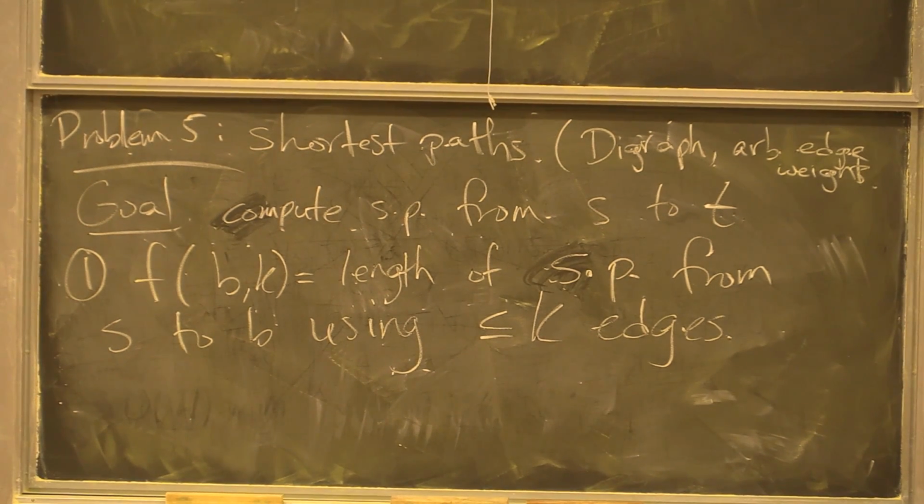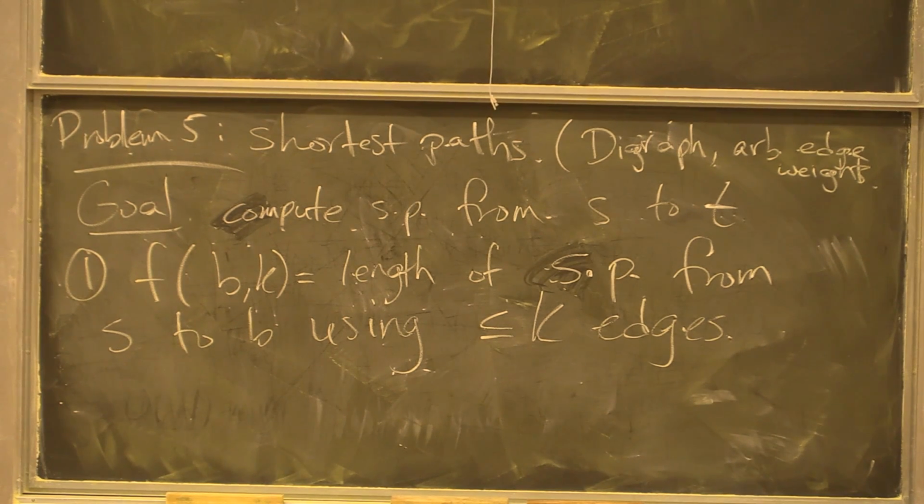R plus 1, right? So if you have a path that has more than n minus 1 edges, so it has at least n edges, that means there are at least n plus 1 vertices on the path. But there are only n vertices in the graph, which means if you have n plus 1 vertices on the path, you cycled somewhere. But I promised you this graph has no negative cycles. So there's no reason to cycle.